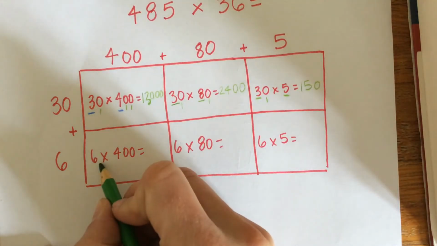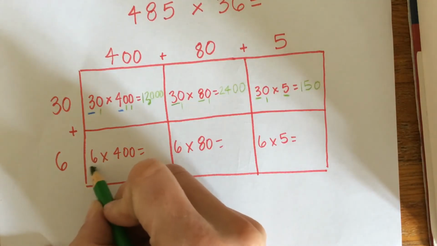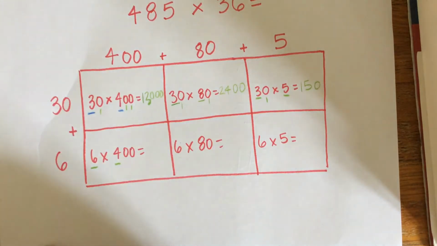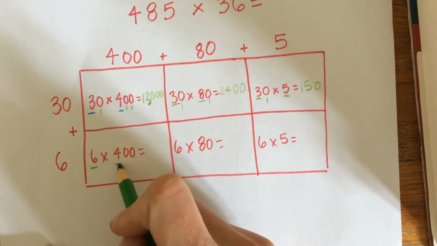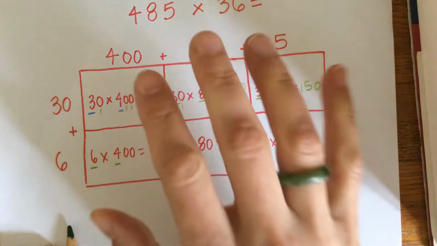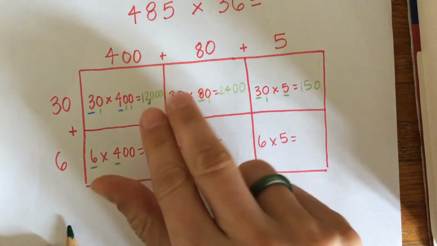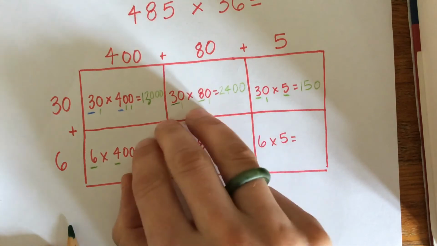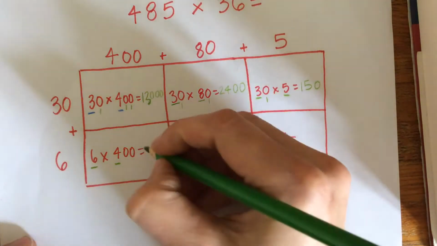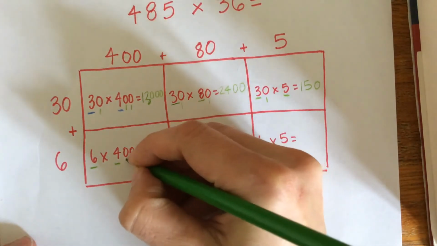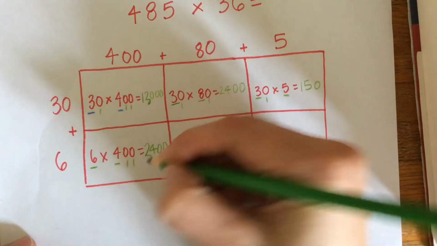Over here, what are the numbers we're going to underline? 6, 4, 6, 4 to the 4th. So we're going to sing the 6th song to the 4th finger. 6, 12, 18, 24. Stop. We're going to do 24 and add in those 2 zeros and our comma.